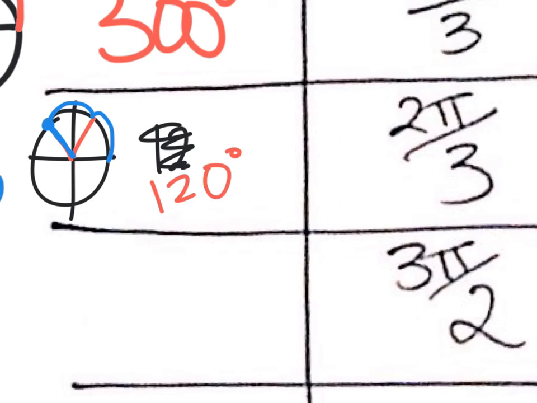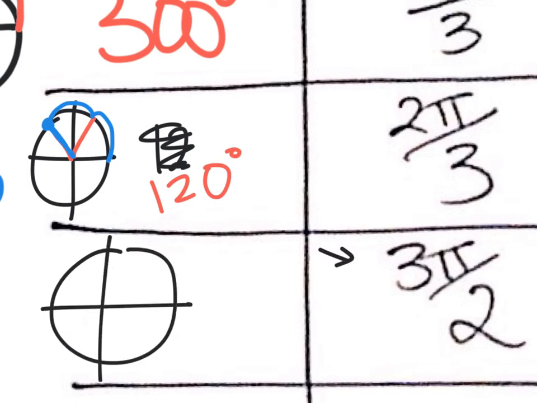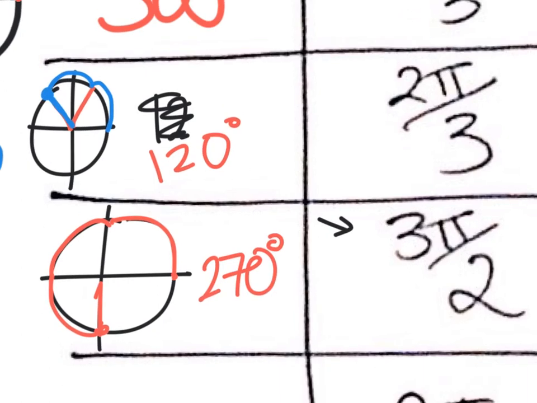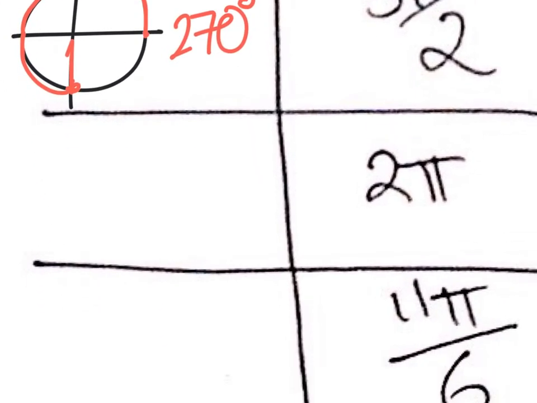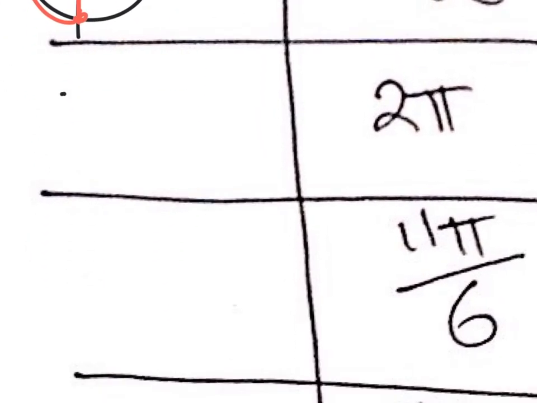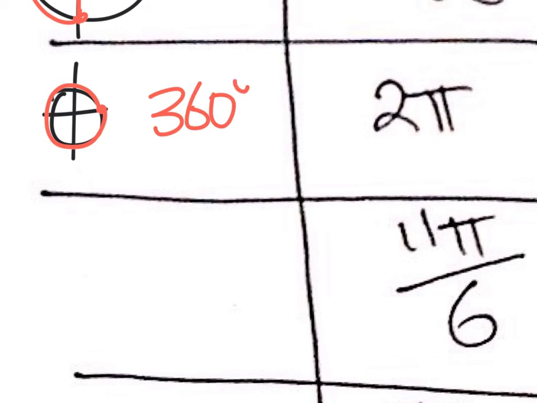3 pi over 2. Here we go. Half, 2 halves, 3 halves. That's right. 270 degrees. And 2 pi. Oh, I like this one. 360 degrees. 11 pi over 6.